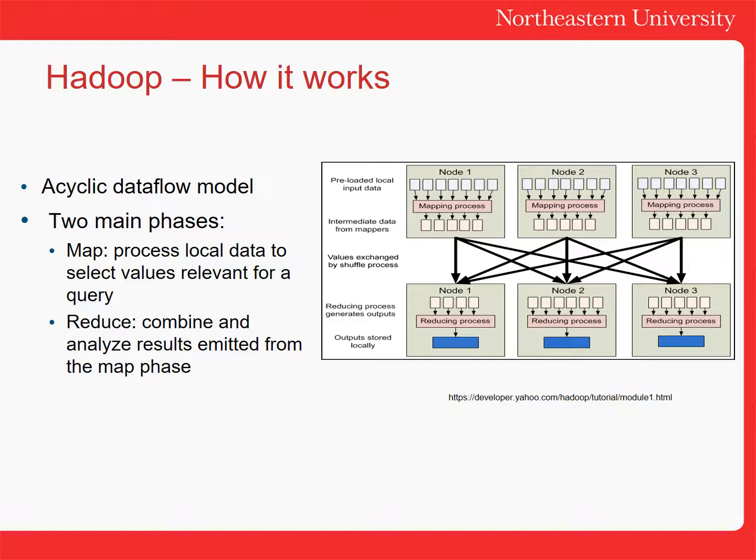Then we have a mapping process on that node, and what the mapper does is it reads through the local data, effectively each partition, and if there are multiple mappers on that node, it will read through multiple partitions in parallel, and it produces some intermediate values.